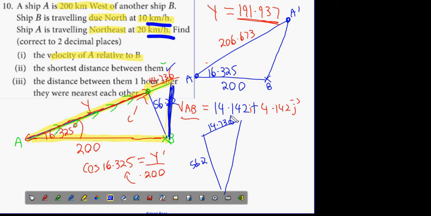And then we could find this distance here using Pythagoras' theorem. So x squared equals 14.736 squared plus 56.2 squared. Will somebody put that in the calculator then square root the answer? 58.0998. Yeah. So 58.1.